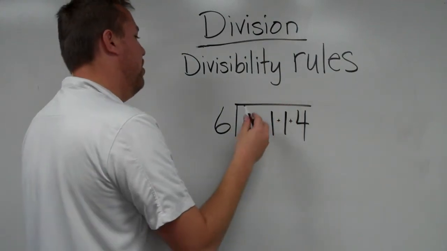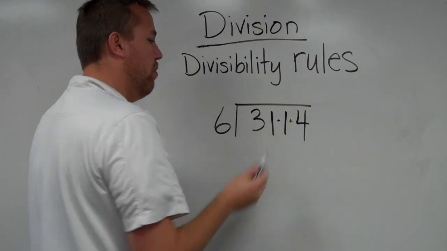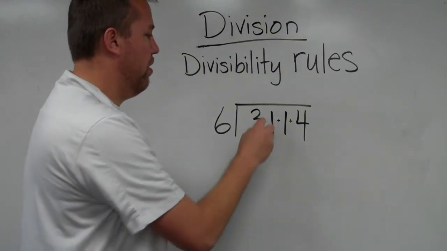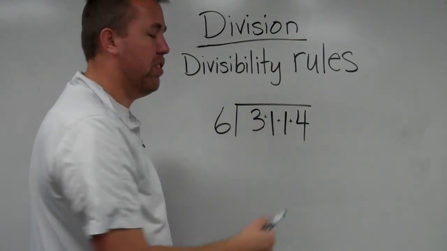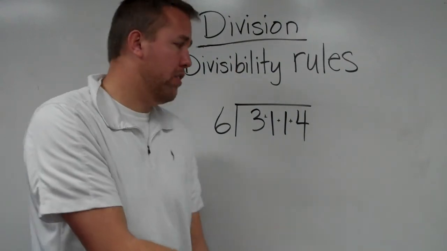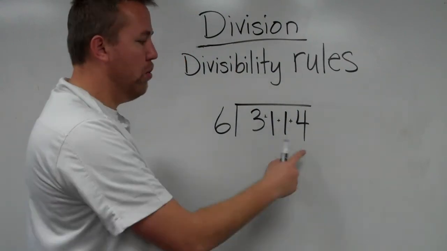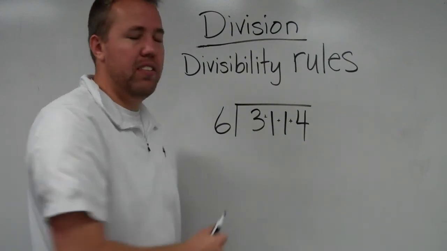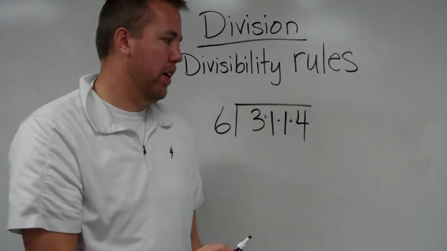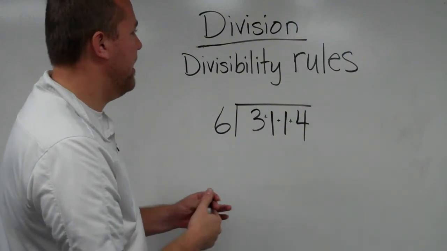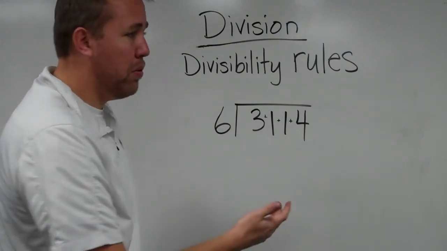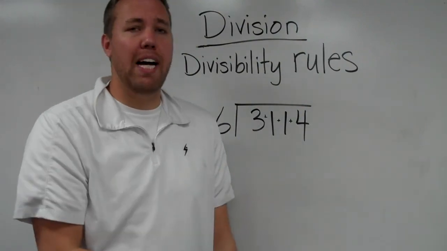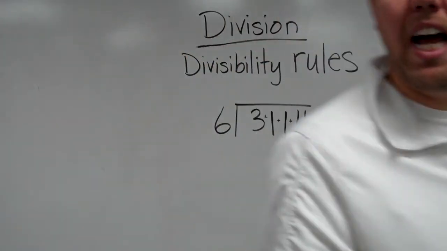How about 3,114? Well, 3 plus 1 plus 1 plus 4 is 9. 3 goes into 9. So it works for 2 because the last digit is an even number, and it works for 3 because the digits are a multiple of 3. And so that's the basic divisibility rules for the easy ones: 2, 3, 5, 6, 9, and 10.